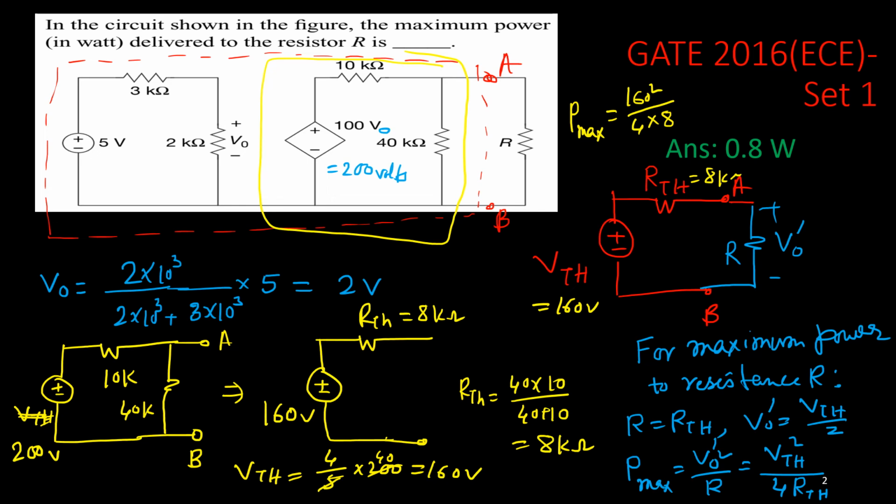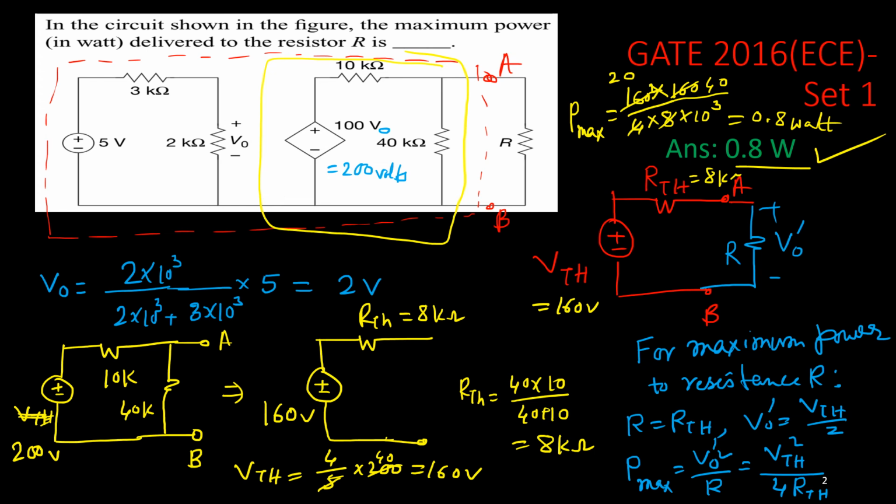So if you simplify it, 160 square, so 160 into 160, divided by 4 into 8, this is your 800, but it is given in kilo ohm, so divided by 10 to the power 3. So 800 by 10 to the power 3 will give you simply 0.8 watt, and that is the answer.